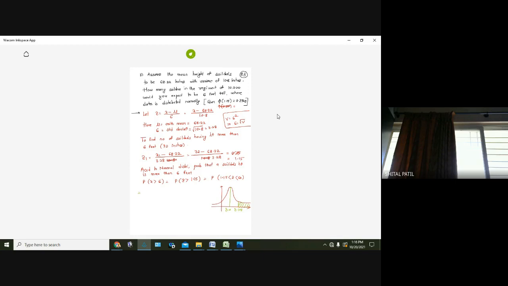So that may be written as probability from Z equal to 0 to infinity, this total probability, minus probability from Z equal to 0 to 1.15. This is always 0.5 and this is provided to us, 0.3749.